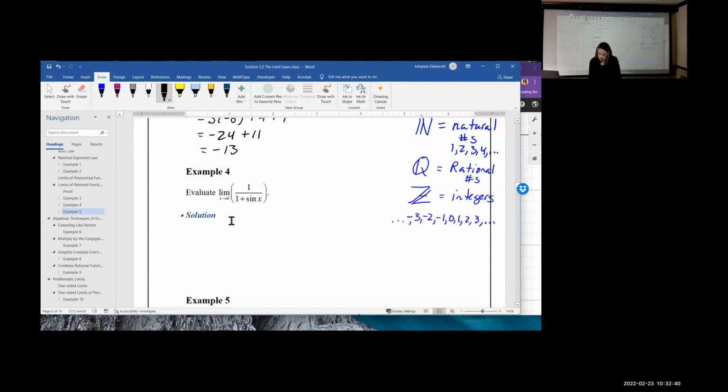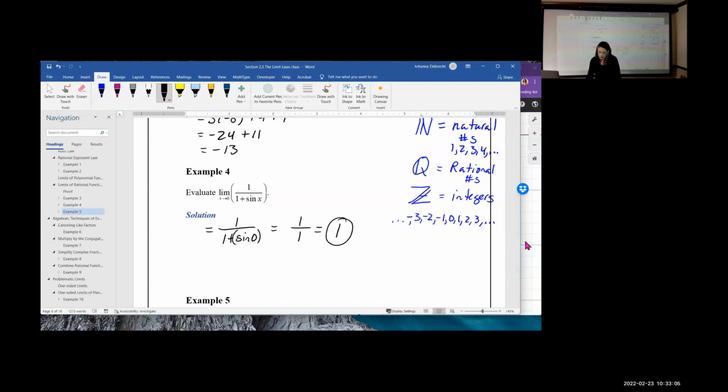So we have the limit as x approaches 0. So we're just going to plug in 1 over 1 plus the sine of 0. From your trig, which you've all just had, what is the sine of 0? 0. So 1 plus 0 gives us 1.